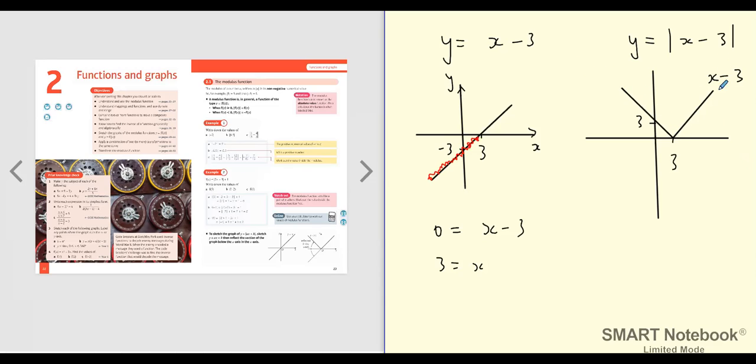I multiply this by -1, and we get -x plus 3. Okay, so just remember that this is crucial, especially when it comes to solving equations on graphs and things. Okay, does that make sense on how the modulus function works on graphs?